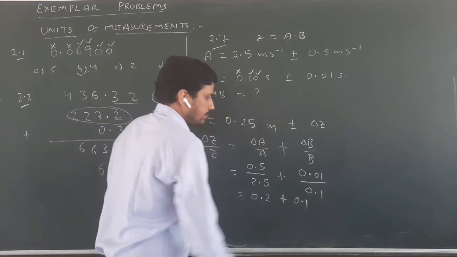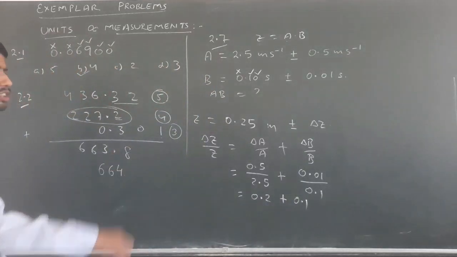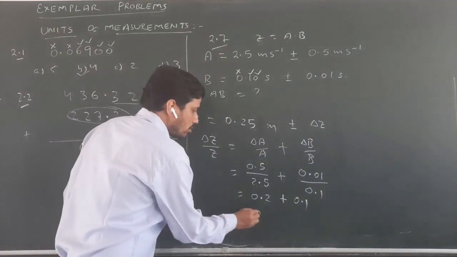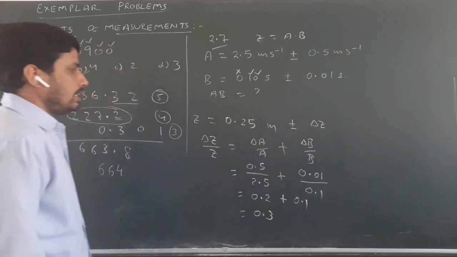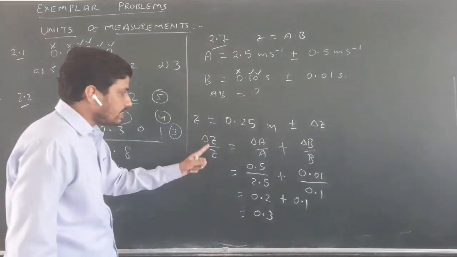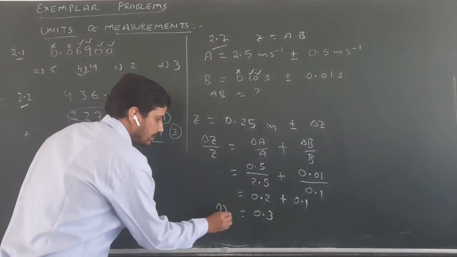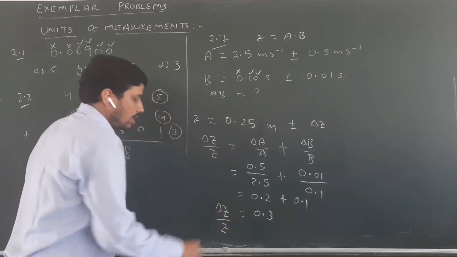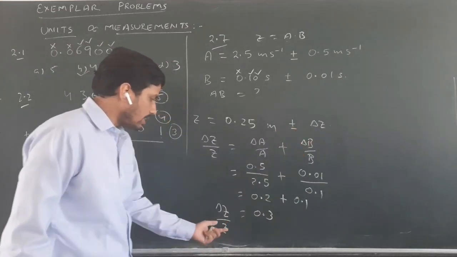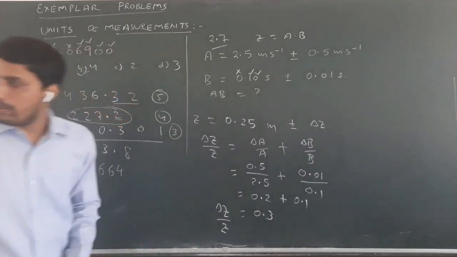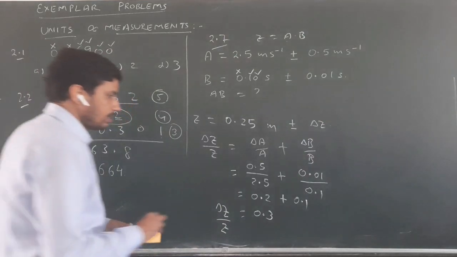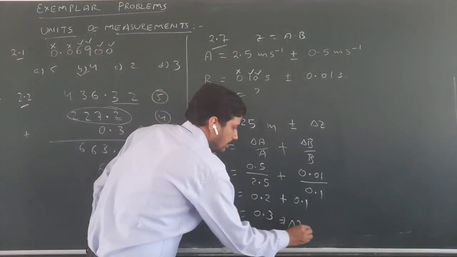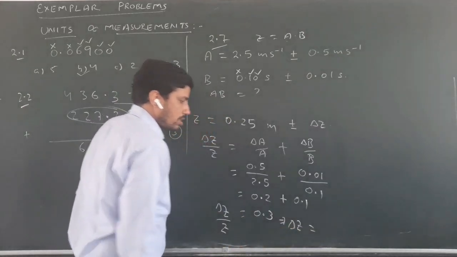This is 0.1 again. Okay, 0.1 into 0.1 is 0.01. So this becomes how much? 0.3. Now this is delta Z by Z. So we need delta Z. So delta Z will be how much? Delta Z will be Z multiplied by 0.3.